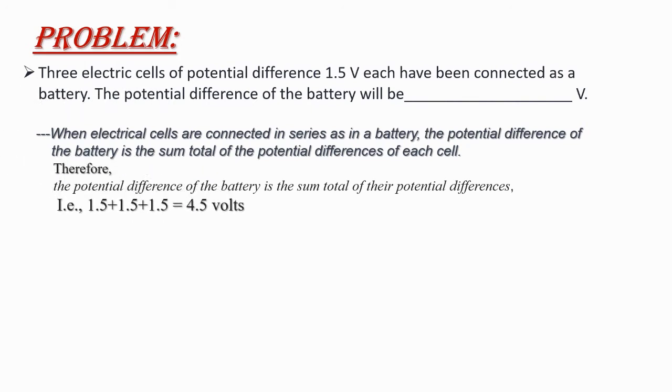That is, we need to add these values, which gives us the final answer of 4.5 volts. Simply, we can say that when cells are in series combination, the voltage adds up.